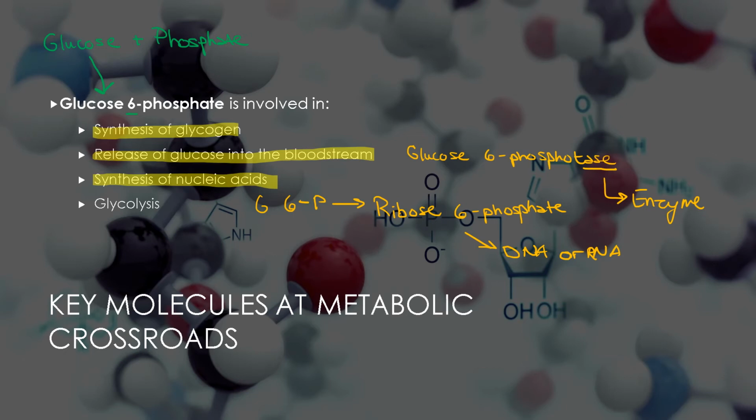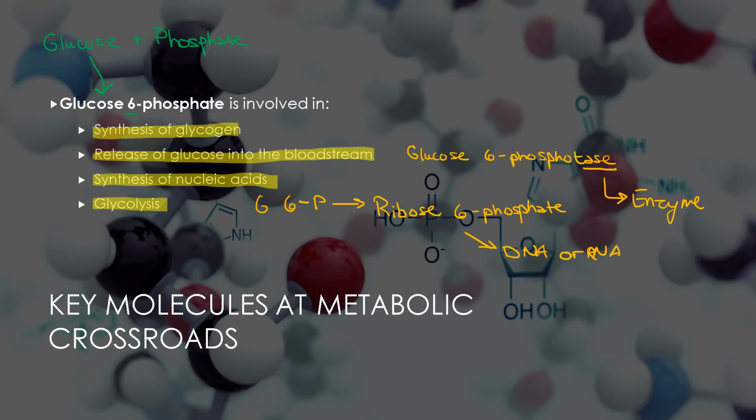And then our last fate that glucose 6-phosphate can go through is glycolysis. So some ATP we know is produced anaerobically by glycolysis, and this is where glucose 6-phosphate is converted into pyruvic acid, which is another key molecule in metabolism.